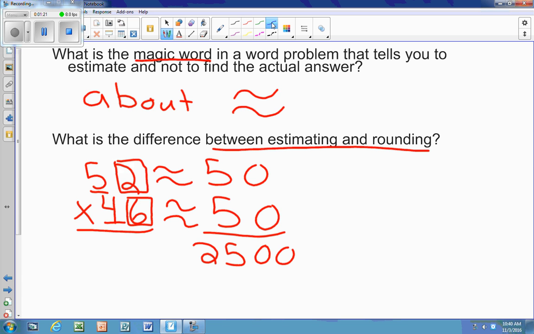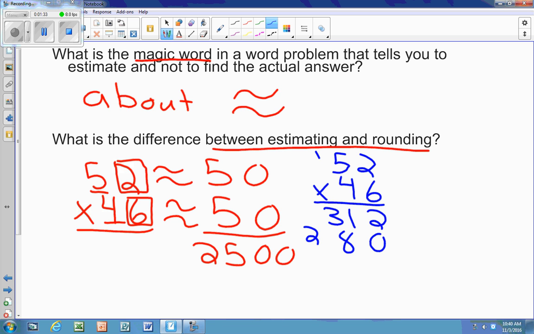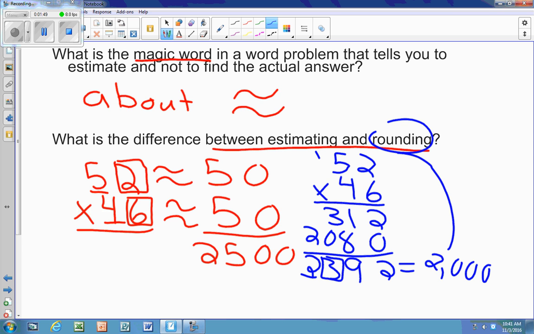If I'm rounding, then I would do the actual multiplication, and then I would round my answer, which would be 2,000. So with rounding, you do that to the answer, but with estimating, you do that to each number in the problem.